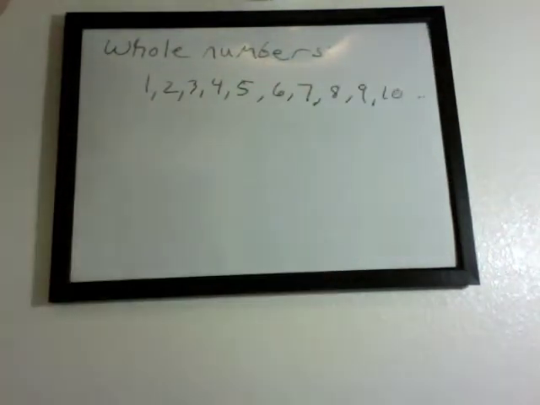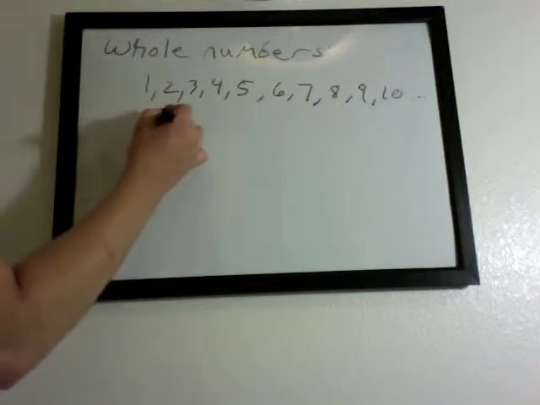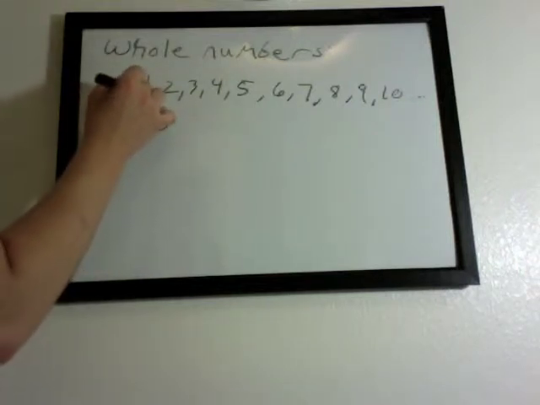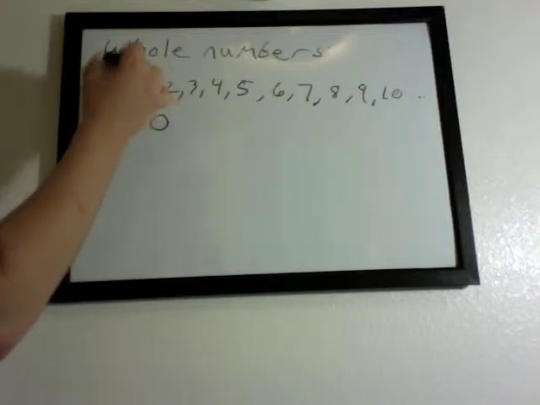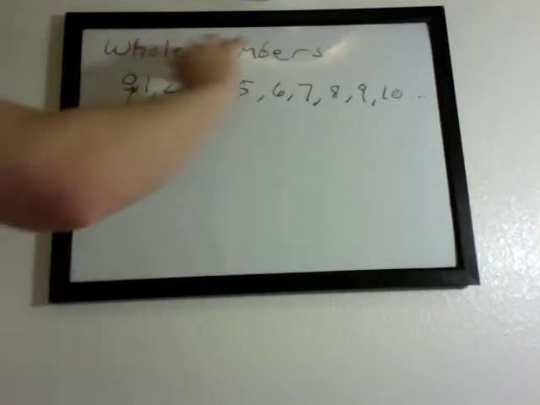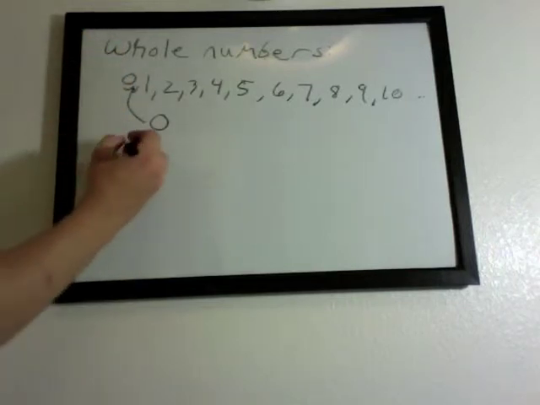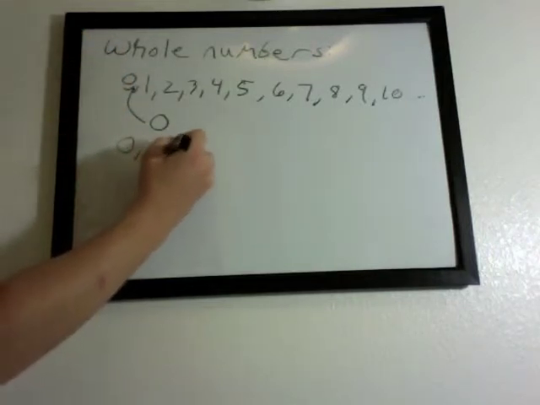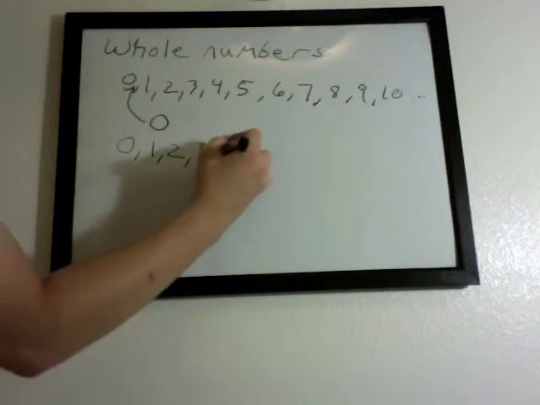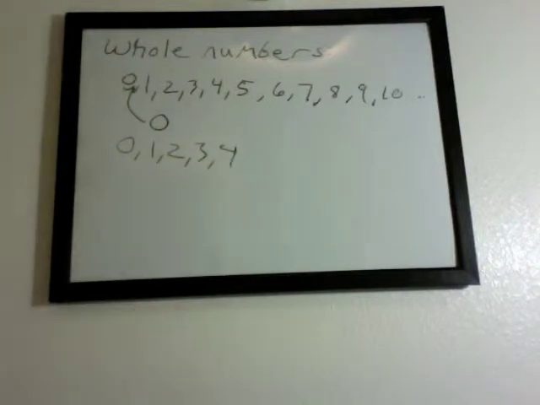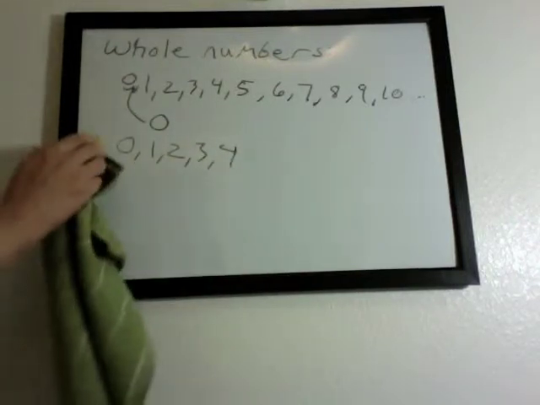The dot dot dot just means you can keep on counting to whatever number you can count to, a million, trillion, whatever. Also, this includes 0. So whole numbers are numbers that you usually count with, and 0. So it'd be 0, 1, 2, 3, 4, and so on and so forth.